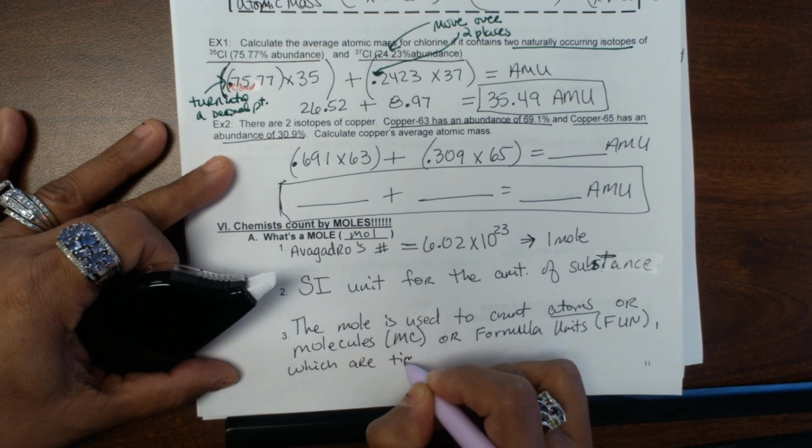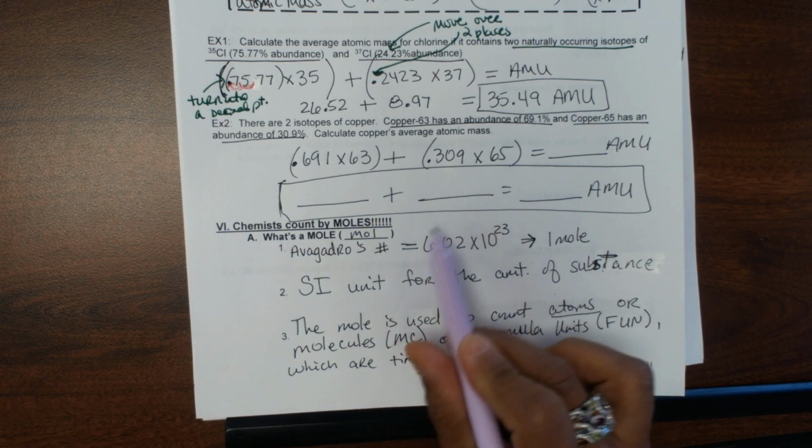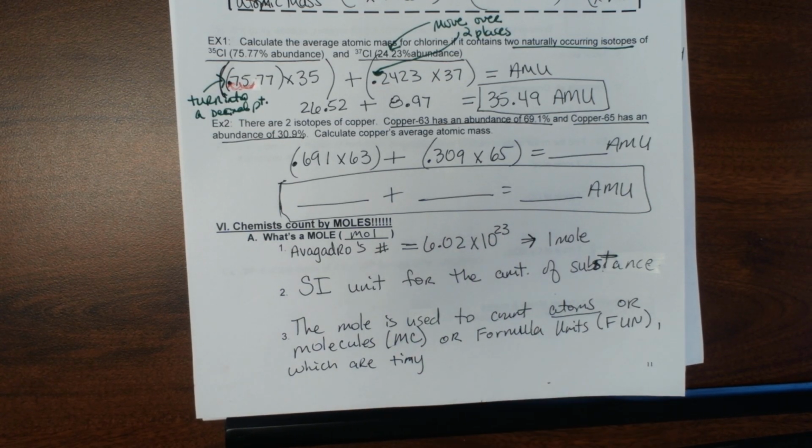Can you imagine an atom, how tiny one atom is? That's one atom. Because it's so tiny, so small, that's the reason why we have so many before we call it one. That makes sense.